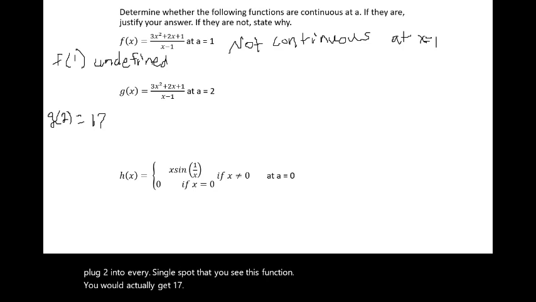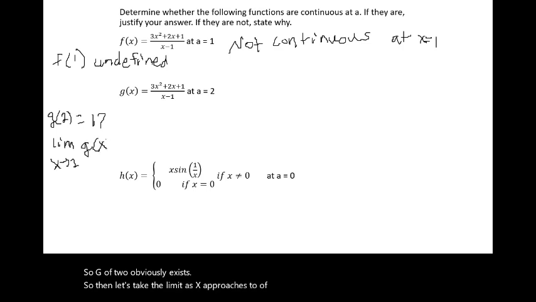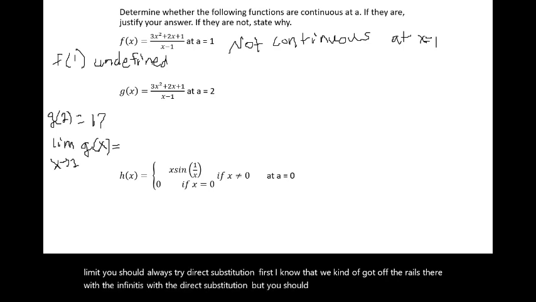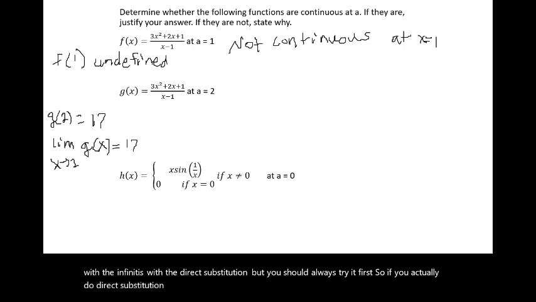So g of 2 obviously exists. Then let's take the limit as x approaches 2 of g of x. Remember, whenever you're taking a limit, you should always try direct substitution first. I know that we kind of got off the rails there with the infinities with direct substitution, but you should always try it first. So if you actually do direct substitution, you get 17.